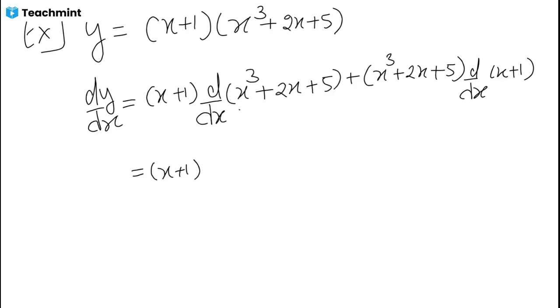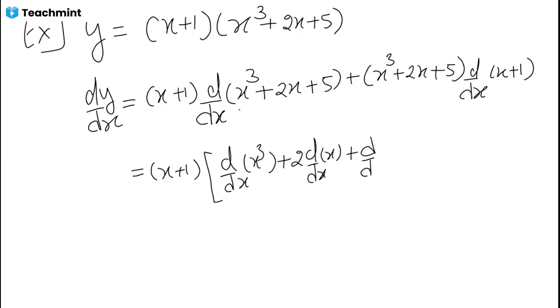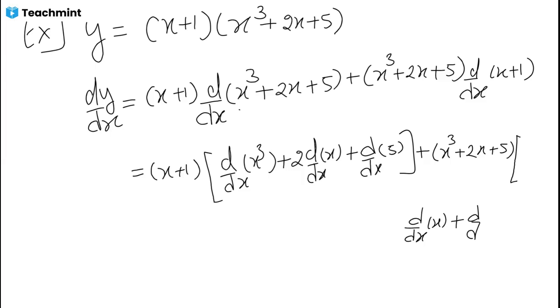So here we are differentiating d over dx of x cube, plus write 2 outside because it is a constant, d over dx of x, and plus d over dx of 5. Here we have only 5, so we need to write 5. Now write down as such x cube plus 2x plus 5, and the derivative of the first: derivative of x plus derivative of 1.